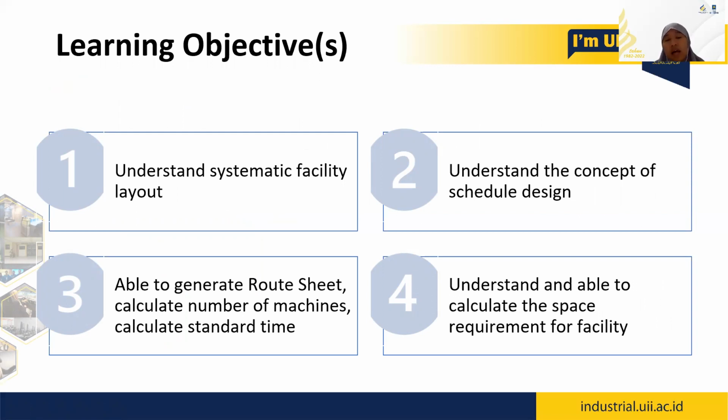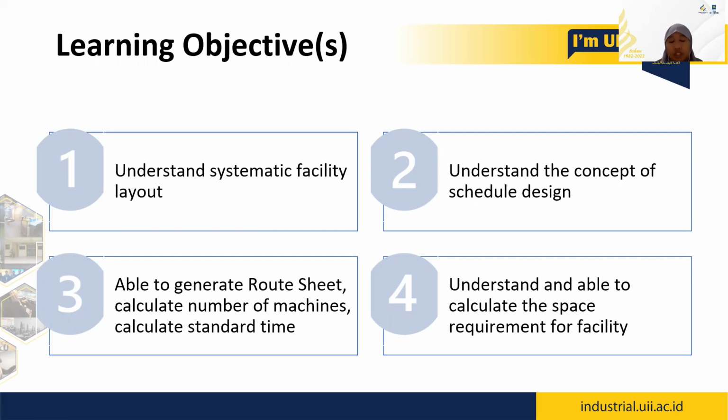And then last week, we already learned about the product design, which you already should have done, and also the process design. So the basic idea itself is how, from the product that we try to create, we understand the step by step of the process that is required. And so we will understand what kind of machinery is needed for our industry.